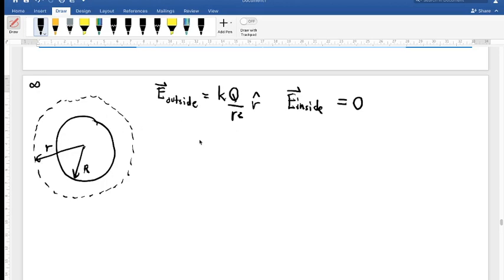Based on this, we have to find the potential at this point, from infinity to here. This potential can be represented by the potential outside of the charge distribution. So that's why we can use this equation.